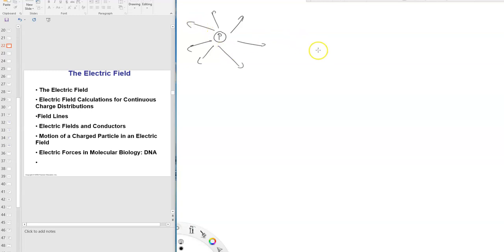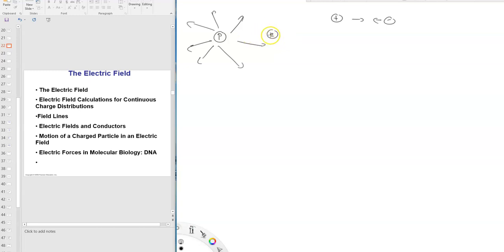Now, if you bring a second charge, we are trying to understand how there's force between two charges, right? Positive and negative, we know that there's an attraction. So if you bring a second charge to the vicinity of this first charge, now I'm bringing an electron and I'm going to place it here.